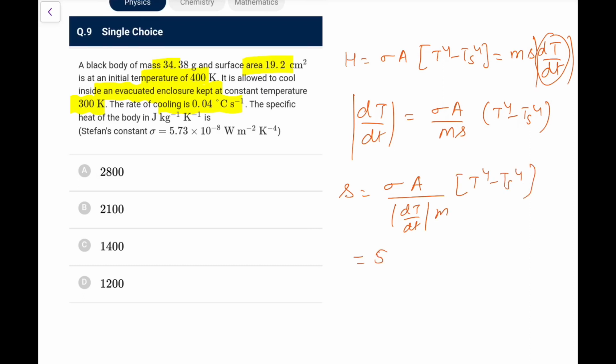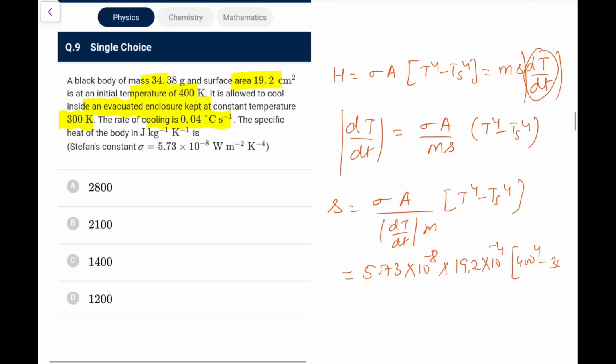So sigma is 5.73, you are given here. Area is 19.2 into 10 to the power minus 4. T of the body is 400, so 400 to the power 4 and Ts is 300 to the power 4. Okay, be careful in calculation. 0.04 and it is 34.38 into 10 to the power minus 3 kg.